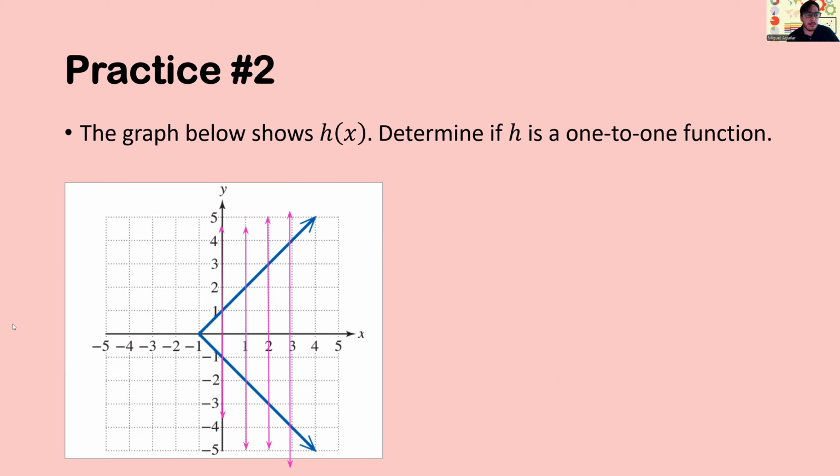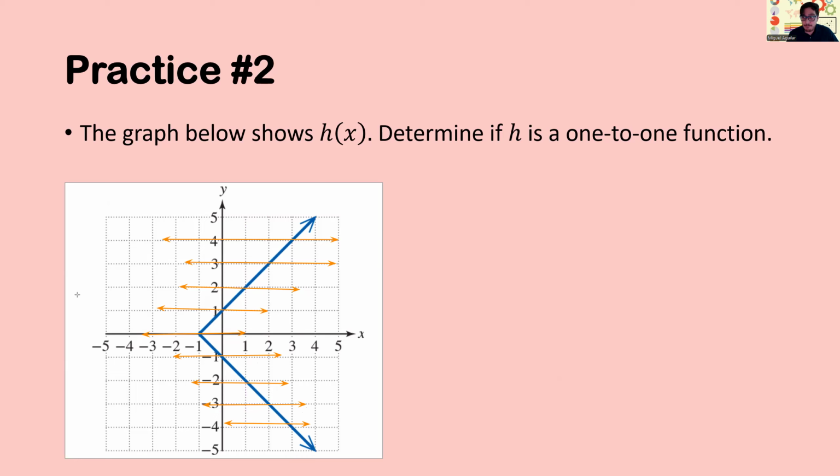If you only apply the horizontal line test, you might say this seems to pass because every horizontal line I draw only gives me one intersection with the graph. But just because it passes the horizontal line test doesn't mean it's a one-to-one function. It must pass both the vertical line test and the horizontal line test.